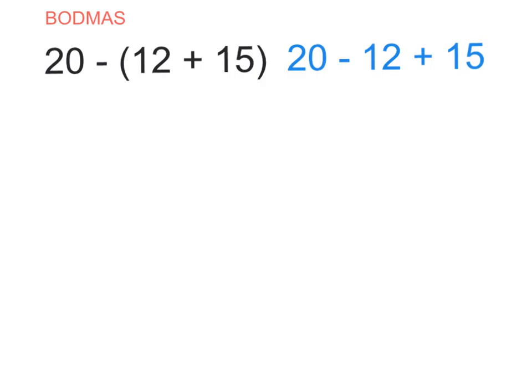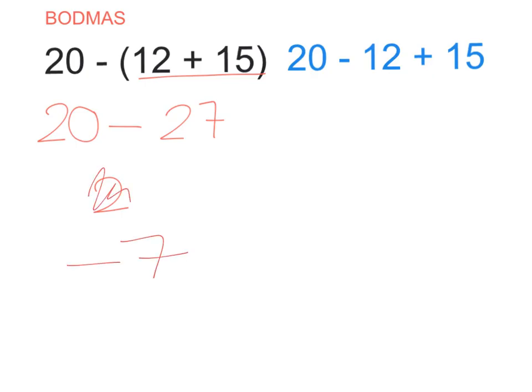Okay, so we have a different aspect here just to compare to the previous one. This time, if we put brackets around the 12 plus 15, that would mean that we would do it first. So 20 take away 12 plus 15, that is 27, and you would get minus 7.